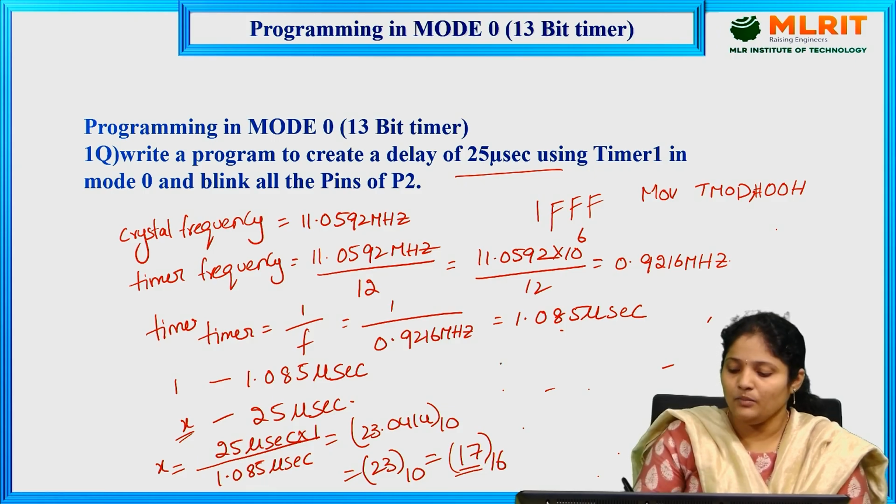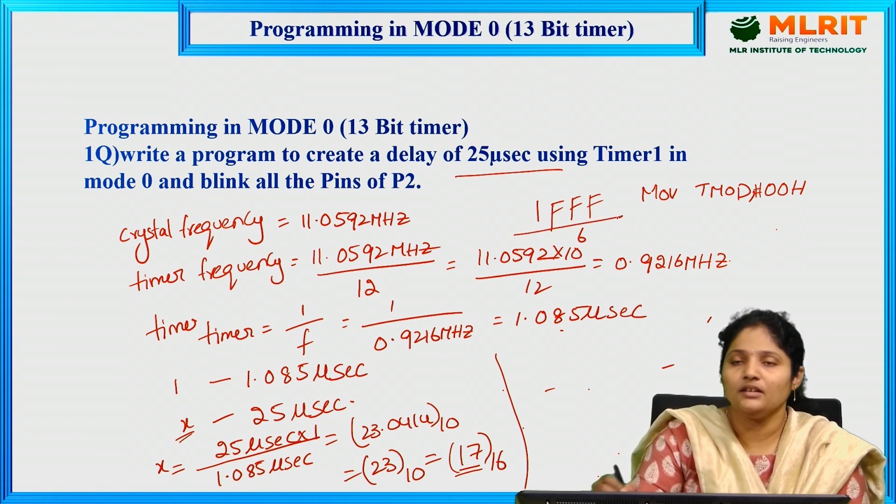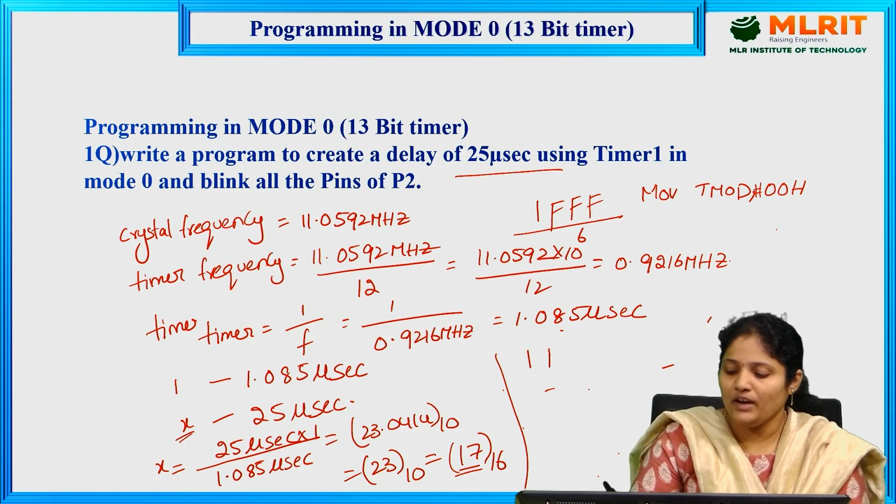Now I need to calculate the values of TH1 and TL1. We need to subtract this number from the maximum size of the timer. Here the mode is mode 0, so the maximum size of the timer is 1FFF. We need to subtract 17 from the maximum size.